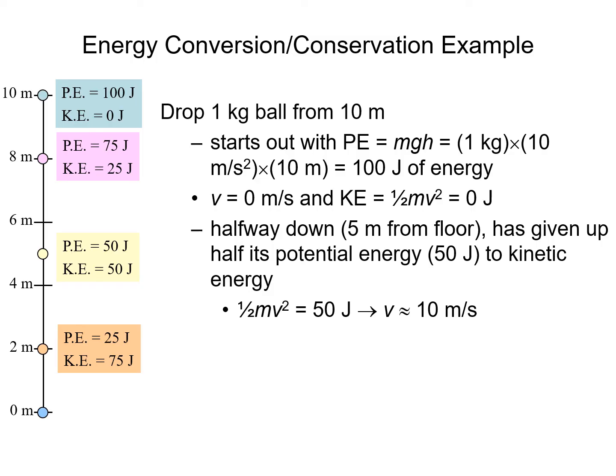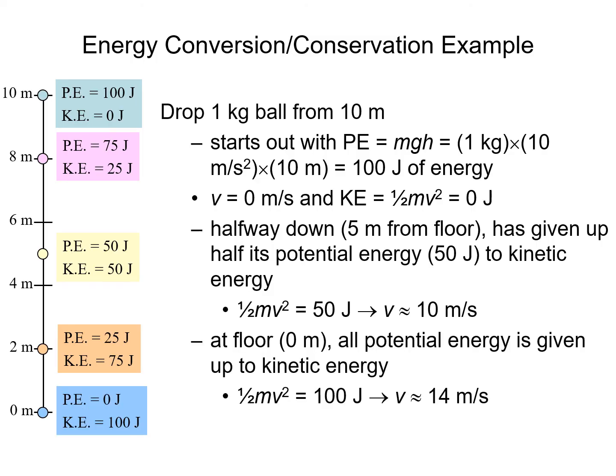It keeps falling, and the conversion keeps happening until it gets right above the ground. When it's right above the ground, its height is 0, so potential energy is 0, but the kinetic energy is entirely taken up now. So if it started out at 100 joules, right before it hits the ground, the kinetic energy is 100 joules.